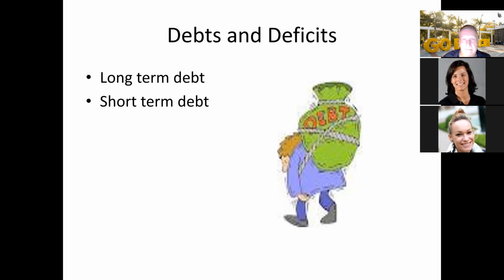It's also a good idea to issue bonds when you construct buildings because of what's known as intergenerational equity. Intergenerational equity means that future generations will be using this facility. Hopefully this facility will be around for 100 years if you maintain it well enough.